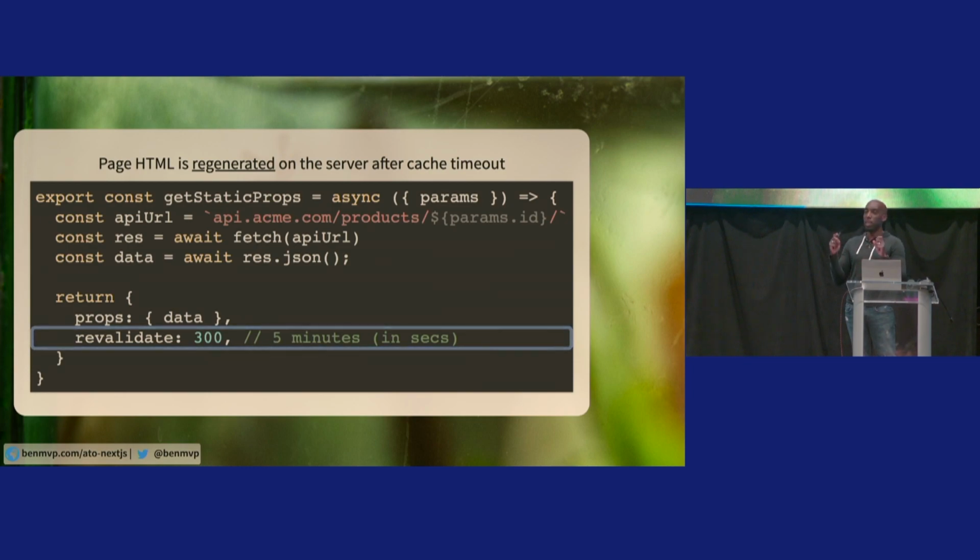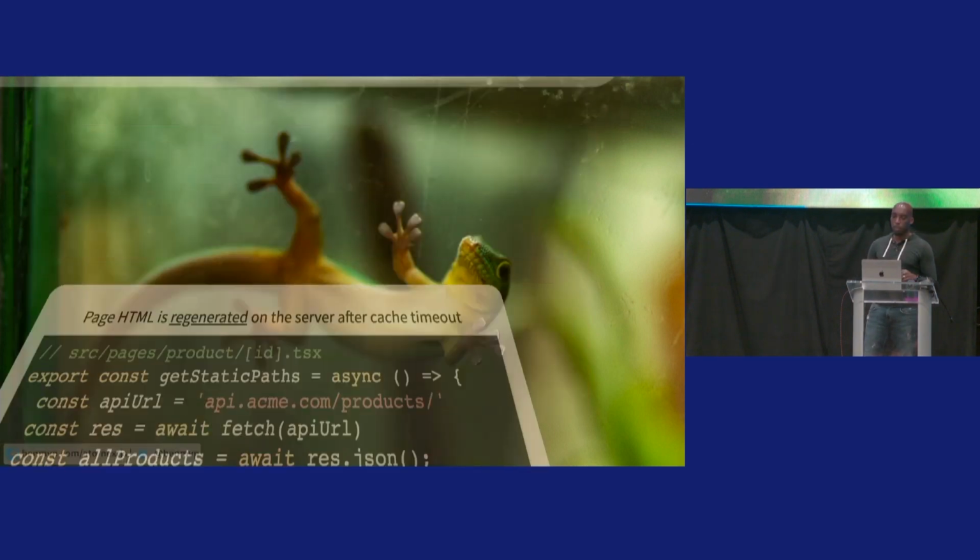So it happens incrementally because it's on the next request. That page will get regenerated in the background and then served as stored on the file system again, and then that's the page that everyone will get after that. So it's basically a way to change the content after a certain amount of time, without having to trigger a rebuild with a webhook or something along those lines.